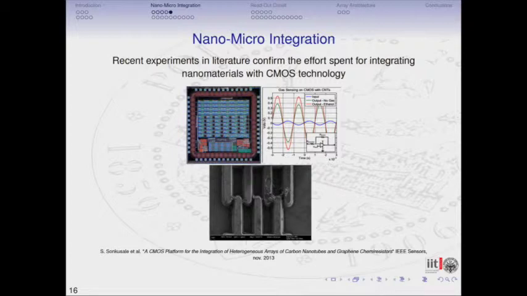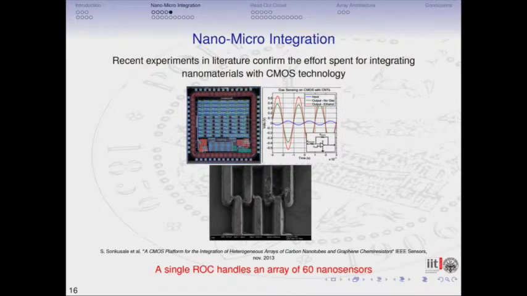Recently, there have been other attempts to integrate nanomaterials, in this case carbon nanotubes, with CMOS technology. In this case, an array of 60 nanosensors has been created, and only one simple circuit has been placed to measure the electrical characteristics of the nanomaterials.